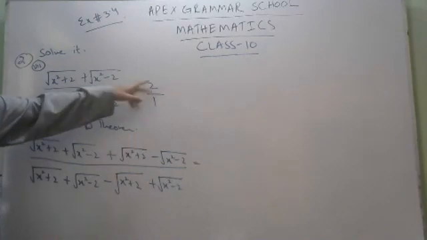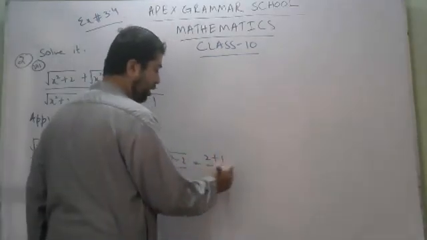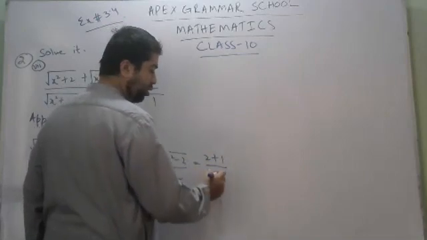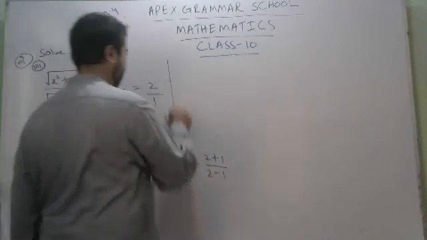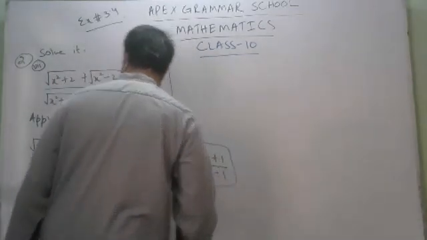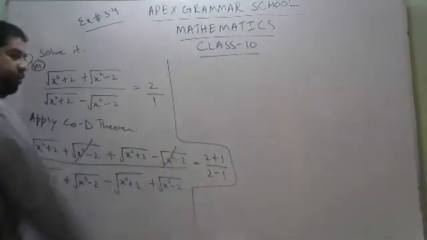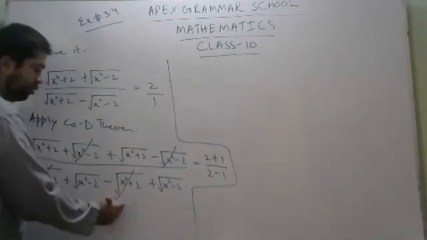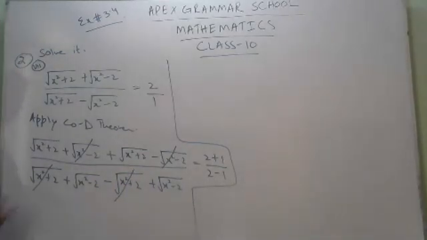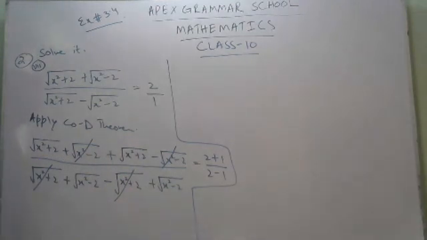Again, just like for the left hand side, componendo and dividendo: numerator plus denominator divided by numerator minus denominator. So now the positive and negative square root x square minus 2 will be cancelled, and then square root x square plus 2 and negative square root x square plus 2 will be cancelled. So square root x square plus 2 plus again square root x square plus 2.